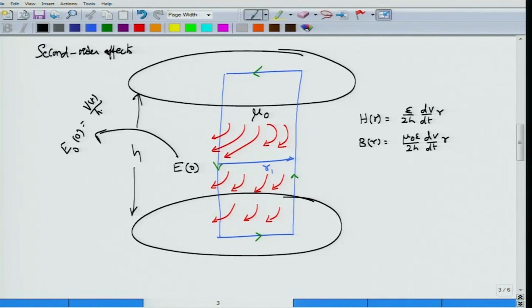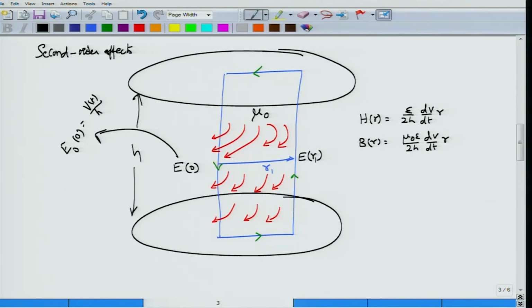This is precisely the field that we had found earlier, but this electric field is no longer going to be the same. For argument's sake, let us assume that the field here is E of r1. I have dropped the time dependence here, but you need to understand that there is time dependence, but time is varying very slowly. In other words, the frequency is quite small.